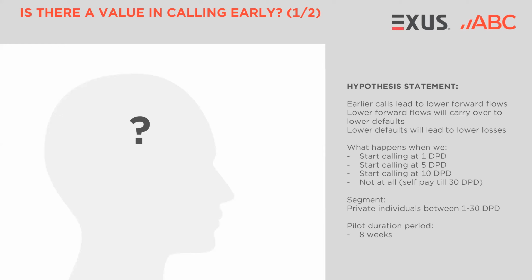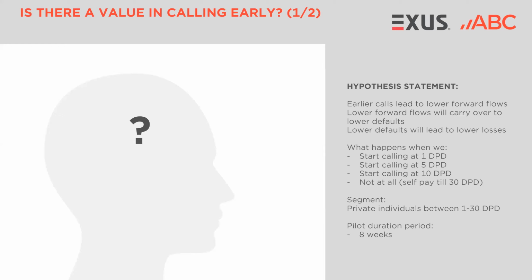This test is about 10 years old, and basically we were trying to test what happens if we postpone calling in the first bucket. So we selected all the cases that entered one DPD, days past due, and we divided them into 4 groups.